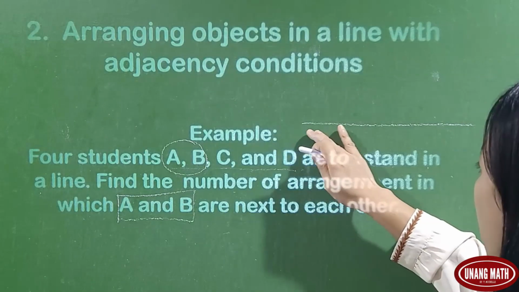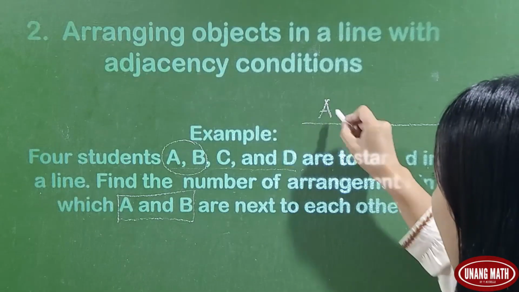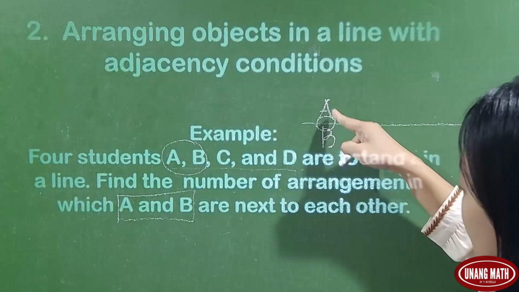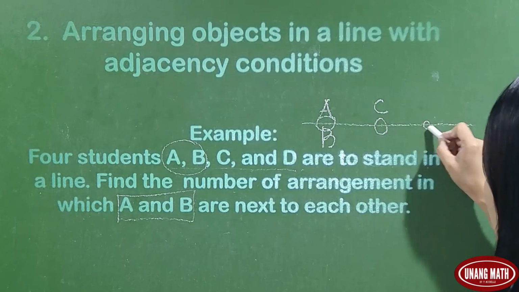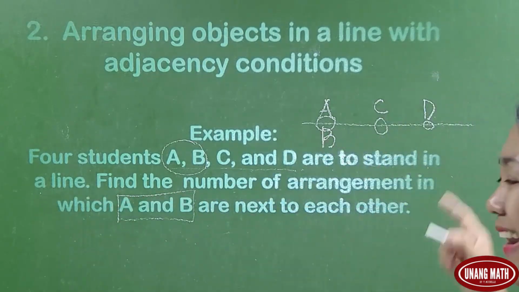So if we're going to illustrate, A and B are next to each other, meaning A is here, B is here. This is C, this is D. So they stand in a line.